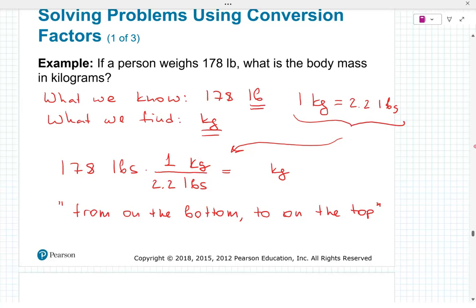How do we know that we are correct? Pounds cancel each other out. Okay? Am I interested in the numerical result? Absolutely not. There's one more thing to think about. What is bigger, kilogram or pound? Kilogram is bigger, right?